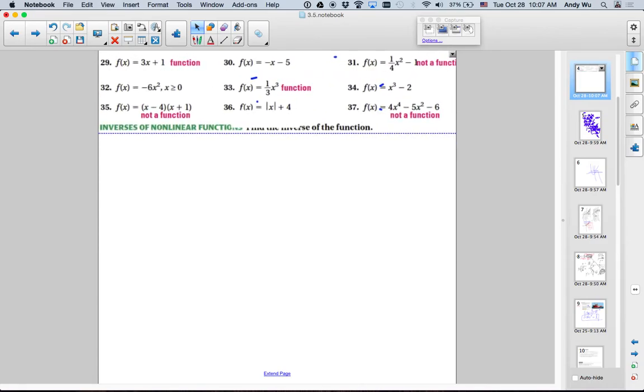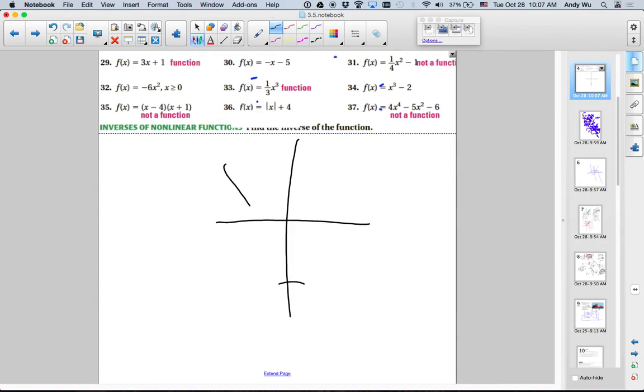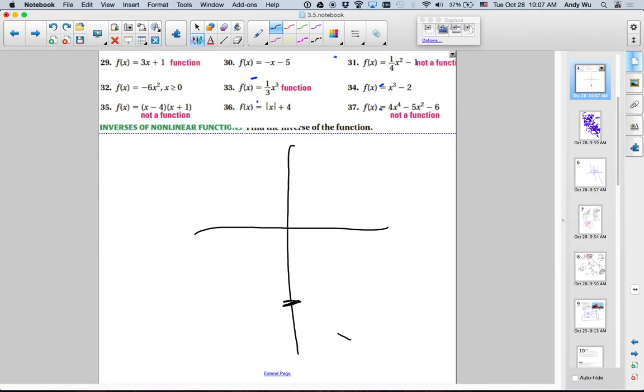For example, number 30. In my head, I can already see -5. So we have -5 as a y-intercept and -1 as a slope. Does that make sense so far? Is the inverse a function?